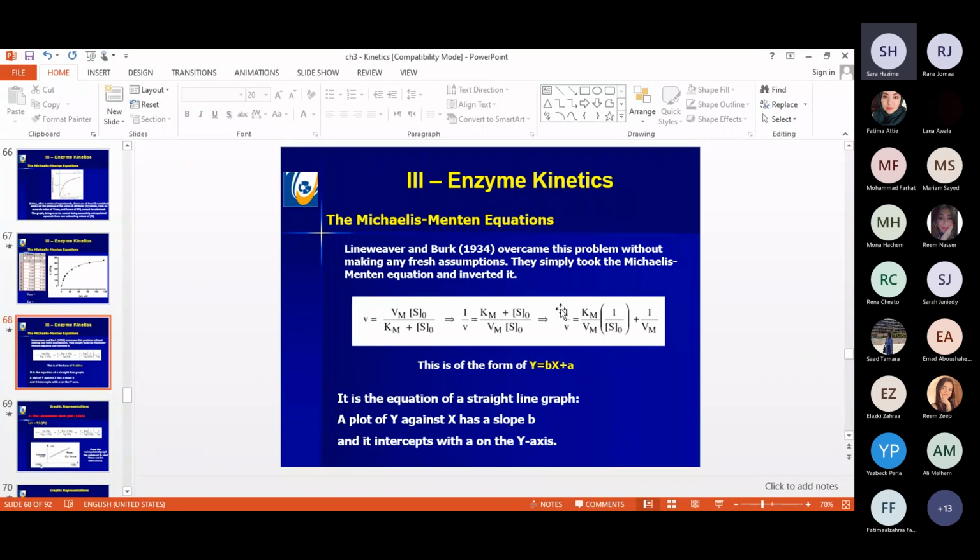And for 1 over V equal to 0, Km over Vmax multiplied by 1 over S equals minus 1 over Vmax. The Vmax terms cancel, and 1 over S will be equal to minus 1 over Km. So the intercept with the x-axis will be the value of minus 1 over Km.